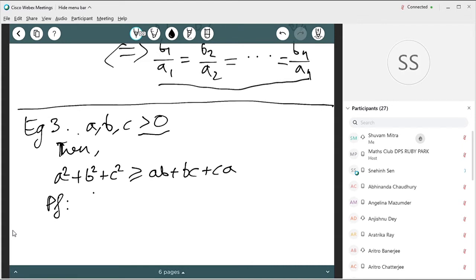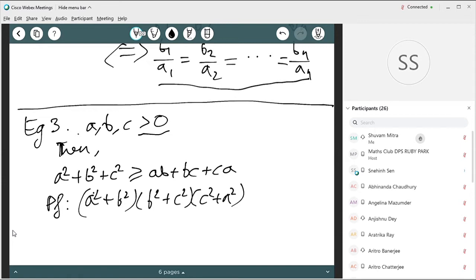You're saying a square plus b square times b square plus c square times c square plus a square. You're saying this thing. How are you planning to use this?